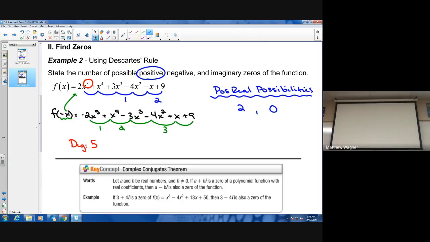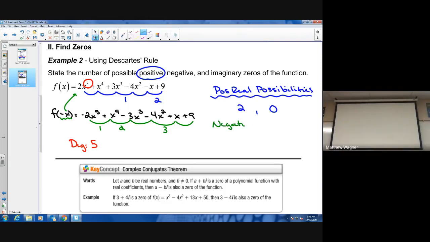If I had 4 sign changes, it would be 4, 2, 0. If I had 3 sign changes, it would be 3 or 1. If I had 7 sign changes, it would be 7, 5, 3, or 1. Okay, so you always take the maximum number of sign changes and reduce it by an even number. So 2 or 0. All right.